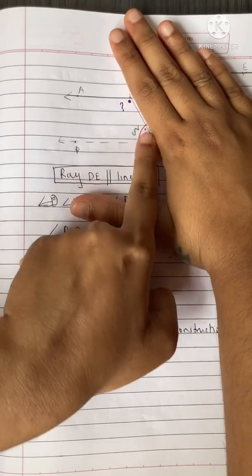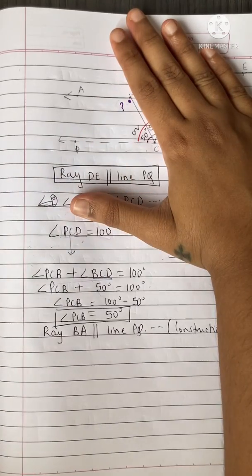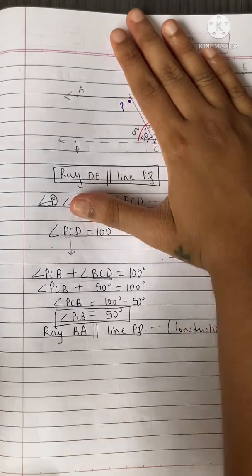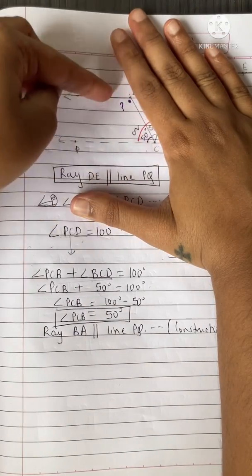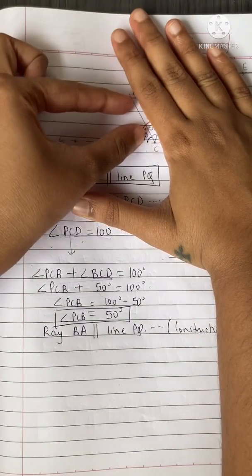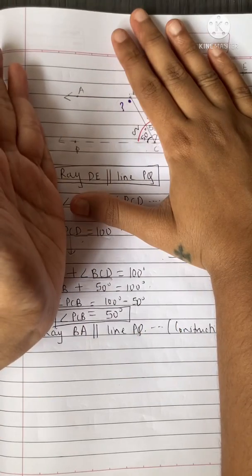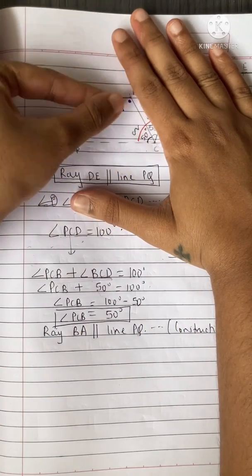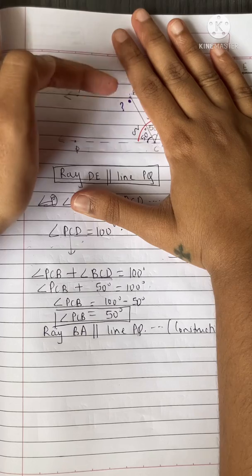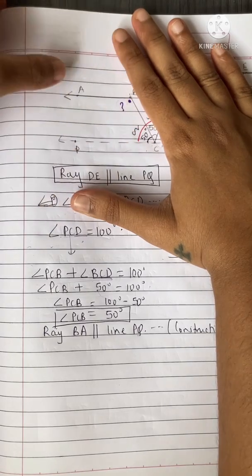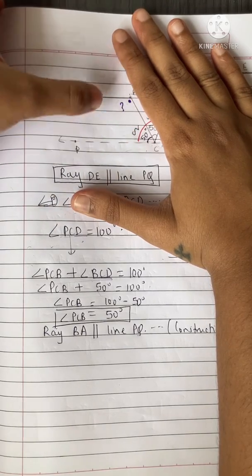These two angles make which angle? Can you see properly and tell me? Yes, they both make a pair of interior angles. Both these interior angles are on one side of the transversal, as well as interior to these two parallel lines. So they make a pair of interior angles, and we already know these two lines are parallel.